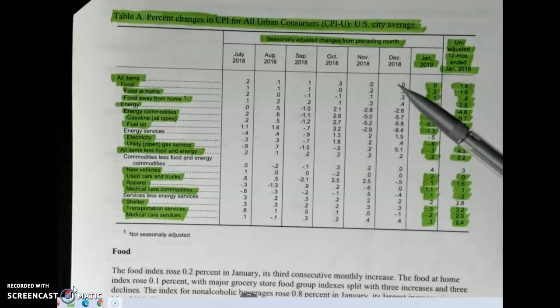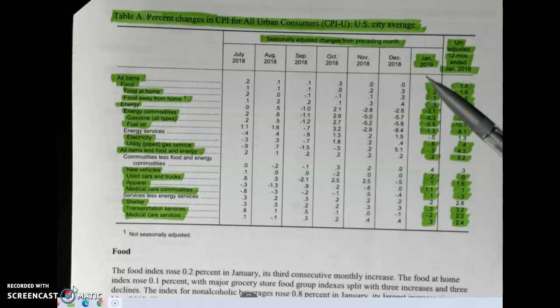For the month of December 2018, we had zero inflation. Because when it says January, that's effectively starting January 1st and ending at the end of January. And then you've got the unadjusted 12 months ending. It's unadjusted, it's yearly, so we don't need to do a seasonally adjusted 1.6%. And that is what you saw in the previous table. So this is just giving you more of the percent changes than the other table was giving you.